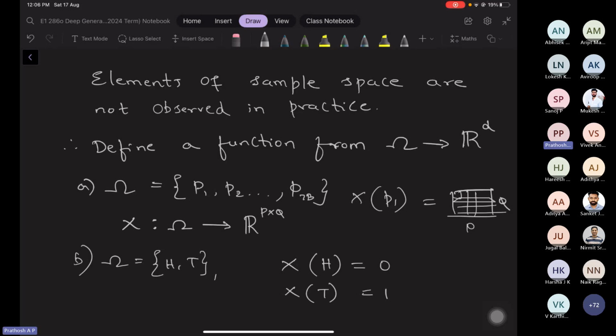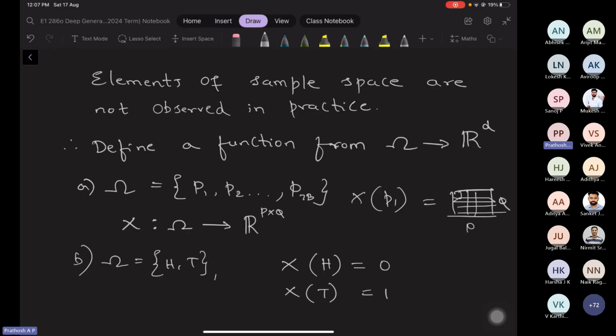What's happening is, because the elements of sample space are not observed, you assume that there exists a function that will take elements of sample space and map them to something that we measure or observe. So what do we get to measure?